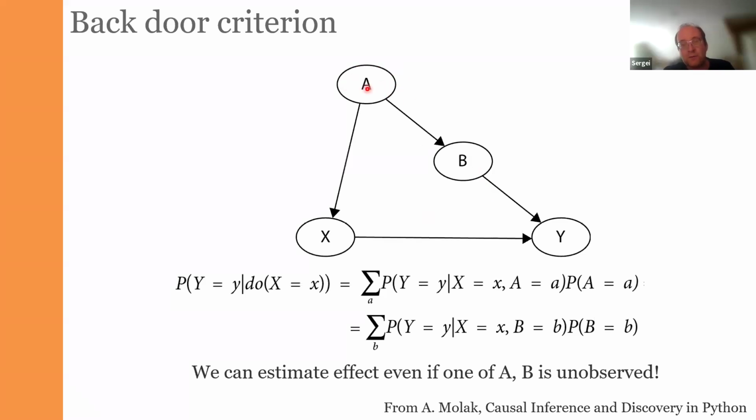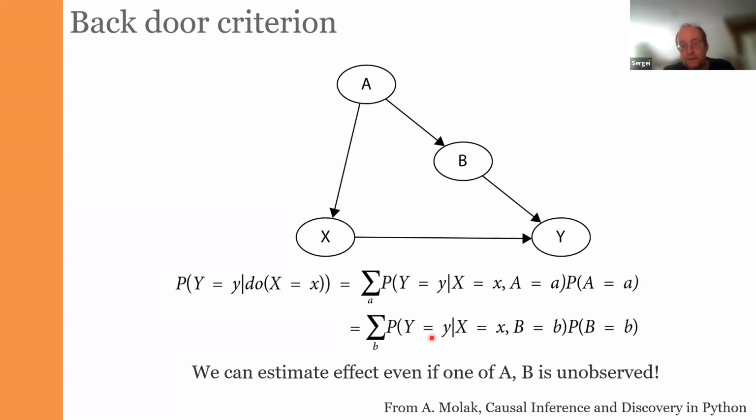So we somehow cannot see this factor. What happens in this case? It turns out that we can still estimate the effect of X on Y directly. So if we change X, how is it going to affect Y, if we can observe B.